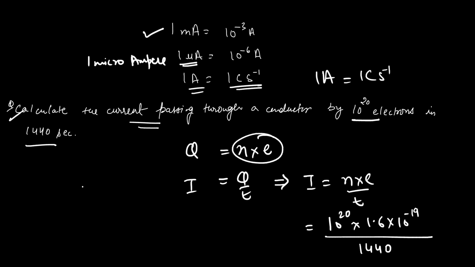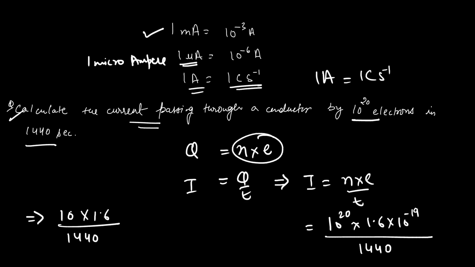Got it? Yes, sir. Then what we need to do here is, Ammar, you got it? When you multiply these two, what will you get? Yes, sir. 10 raised to the power 1, because the 19 will get cancelled, so you will get 10 raised to the power 1, and that is only 10. Okay, and it is 1.6 upon 1440.